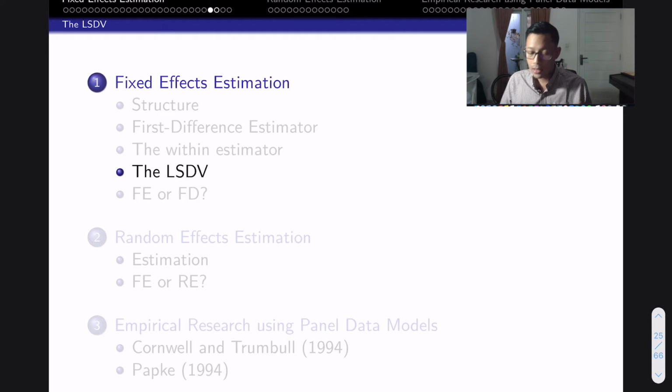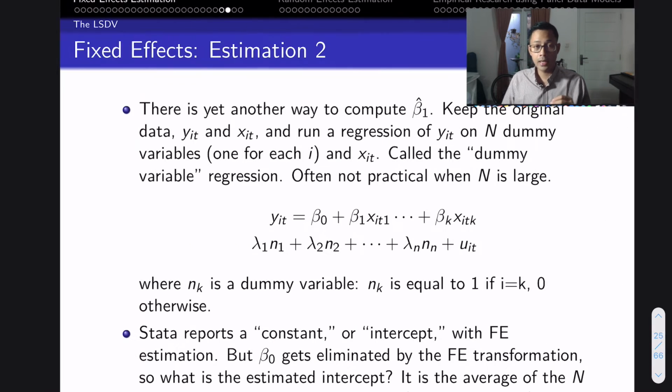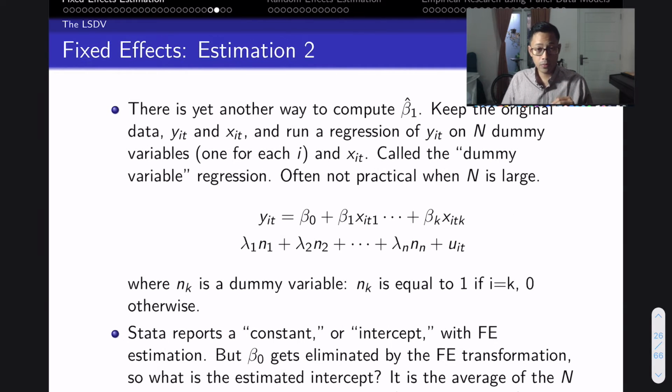So there is another way to compute beta 1 hat in this fixed effect estimation. We're going to keep the original data, y and x, and then run a regression of y on n dummy variables. For each individual, we're going to have unobserved data, and this unobserved heterogeneity is basically the fixed effect.